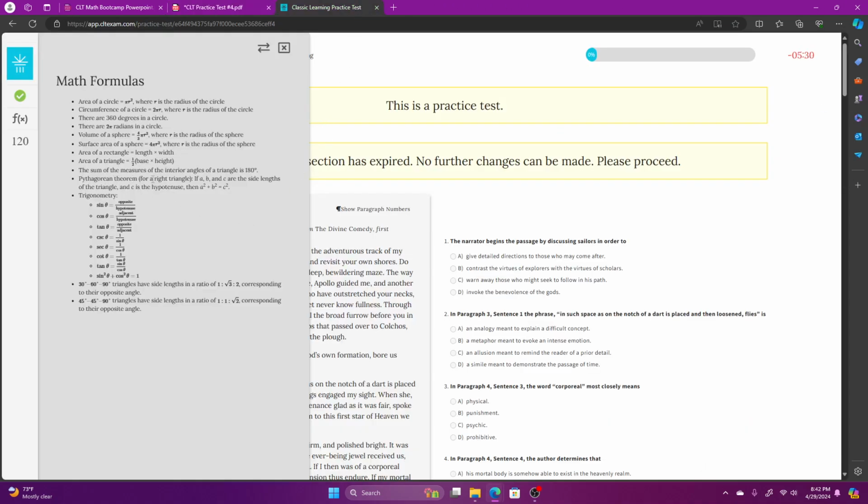Pythagorean theorem for a right triangle: if A, B, and C are the side lengths of the triangle and C is the hypotenuse, then A squared plus B squared equals C squared.